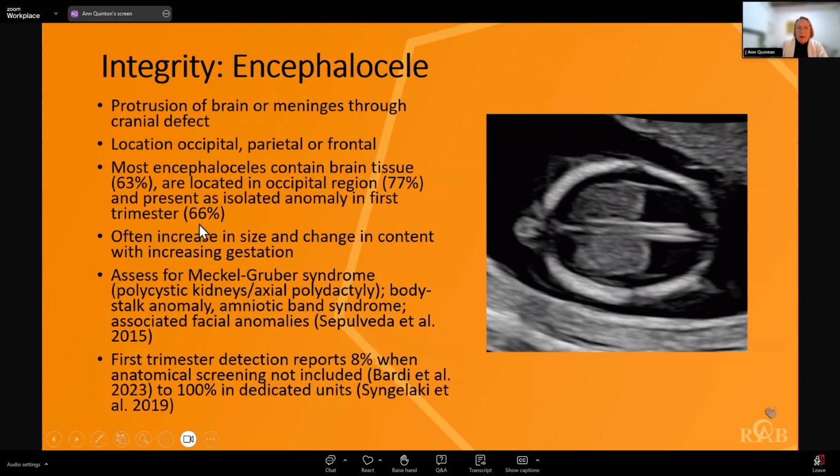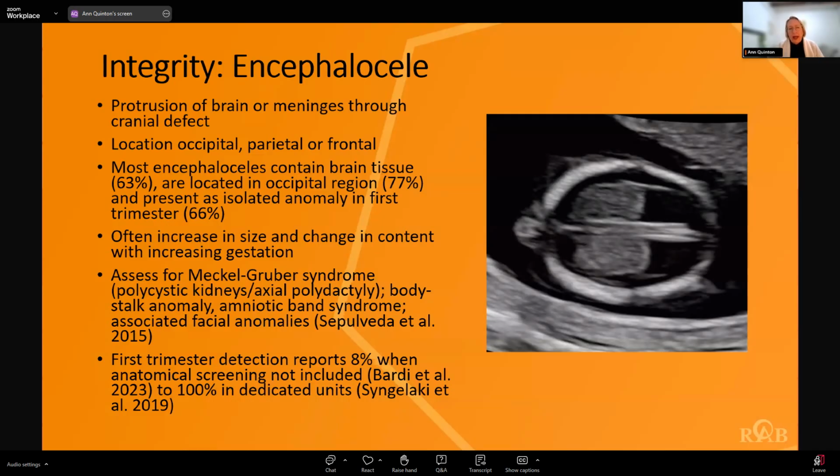And about 2/3 of them as well will present as an isolated anomaly in the first trimester. Now, they have been reported to increase in size and change in content with increasing gestation. So while in dedicated units they have reported 100% detection rate of encephaloceles, that might just indicate that they have not scanned enough encephaloceles, if they've never missed one.